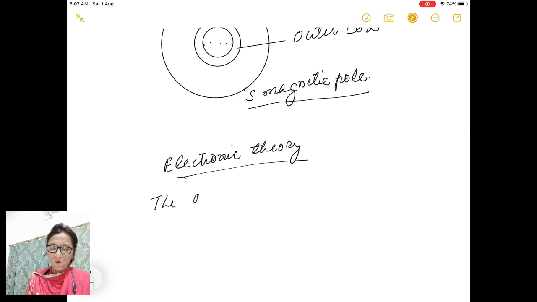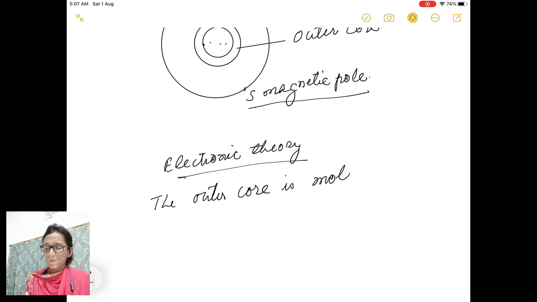The outer core is molten due to high temperature over there.